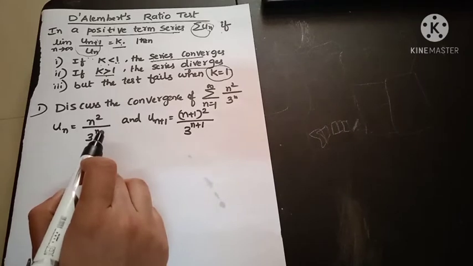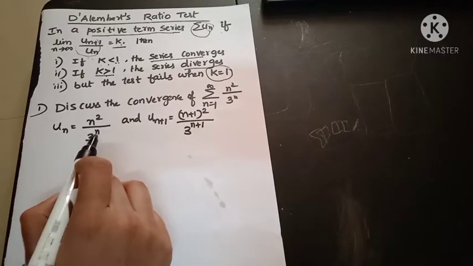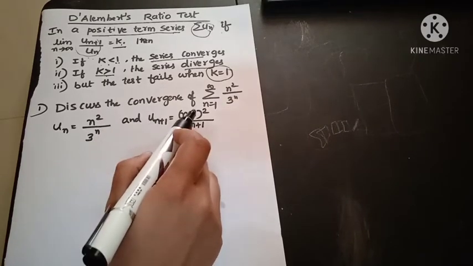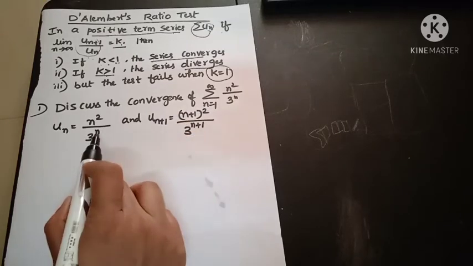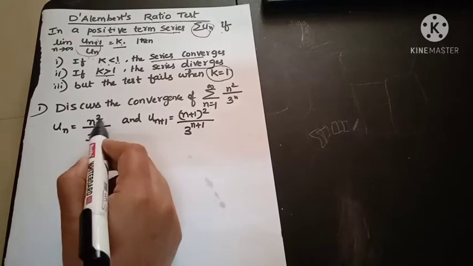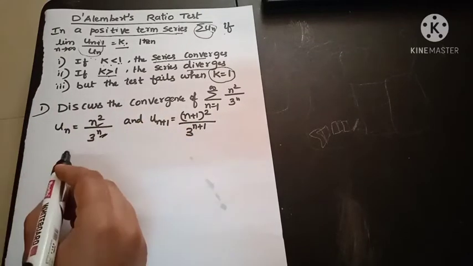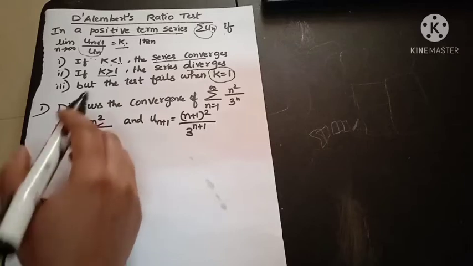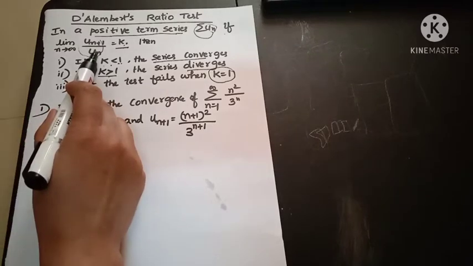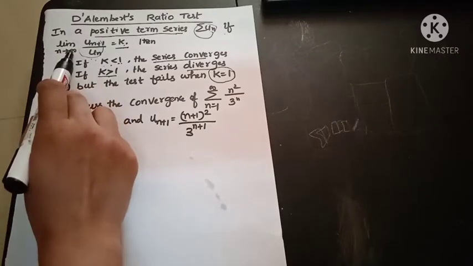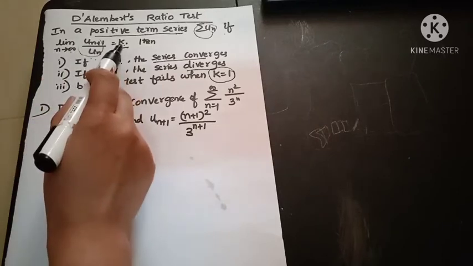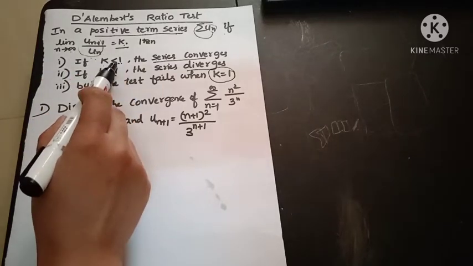u(n) is n square upon 3 to the power of n, and u(n+1) is (n plus 1) whole square upon 3 to the power of n plus 1. Here n is there and here also n is there, so replace it by n plus 1. Then next, we want this value, and for this value we'll apply the limit and find out what the answer comes to be. If it is less than 1, it converges.